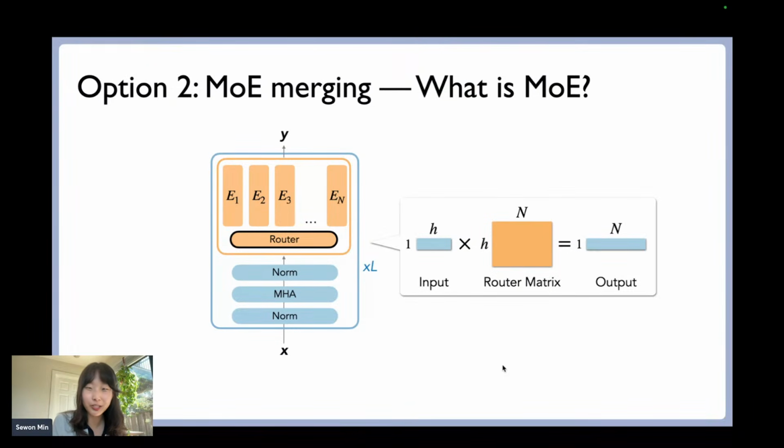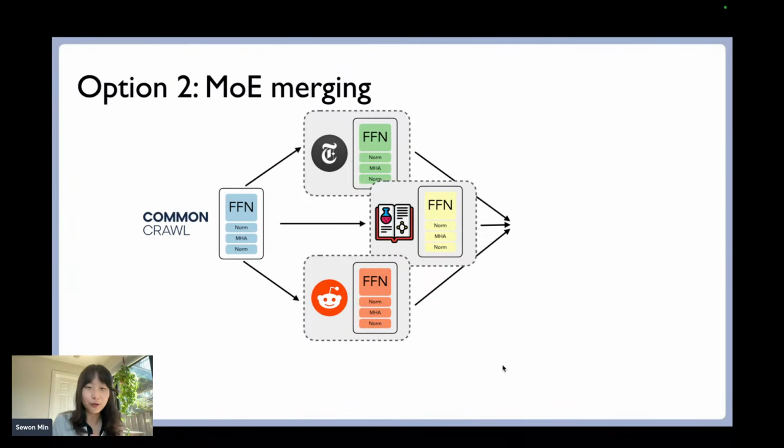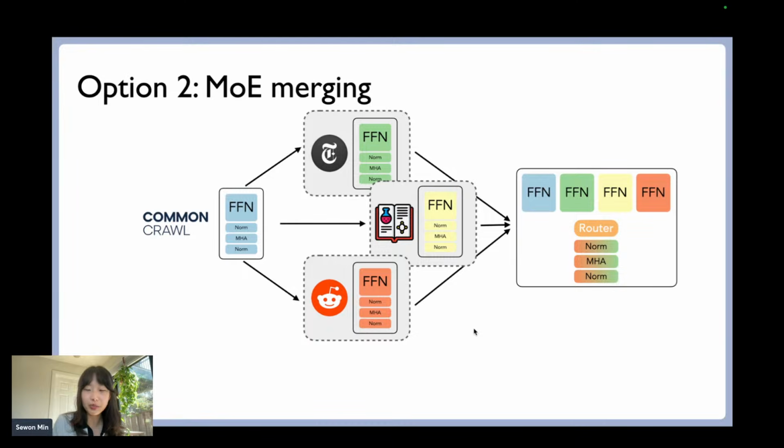So how do we use mixture of experts in our problem setup? Again, we have a starter model that is a regular dense model, only has one FFN, and then each data owner takes it and does continued pre-training to train their own model. And then we merge it through mixture of experts. What we do is first, we keep each FFN separately, so they're not going to be merged.